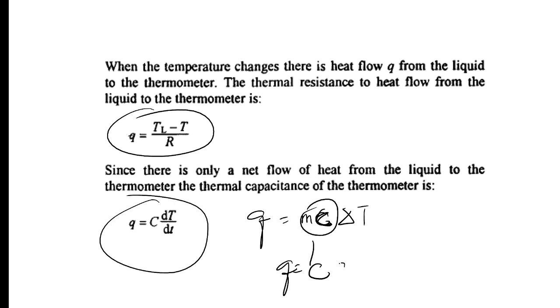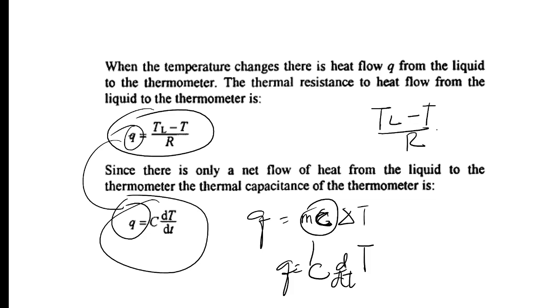So Q equals C times the derivative of T, the temperature in that specific system, which is in the thermometer, right? These two are equal, so we can equate them. So TL minus T over R is equal to C d over dt of T, right?